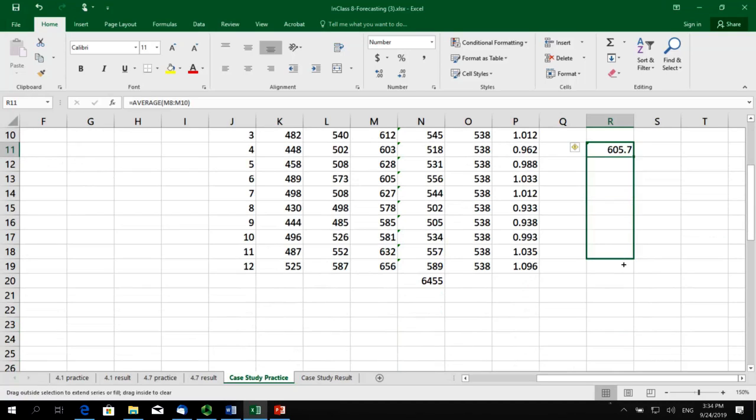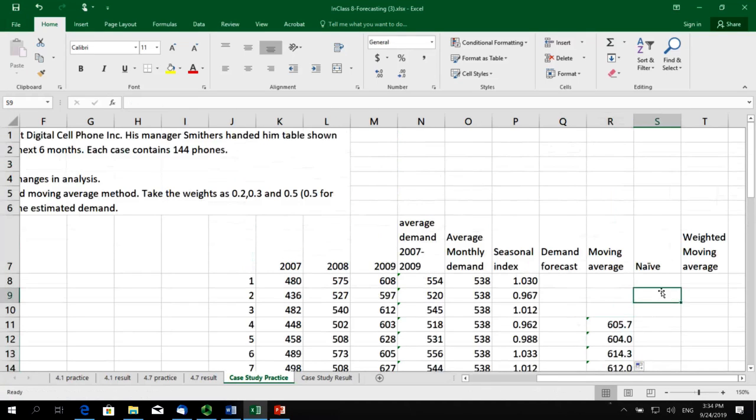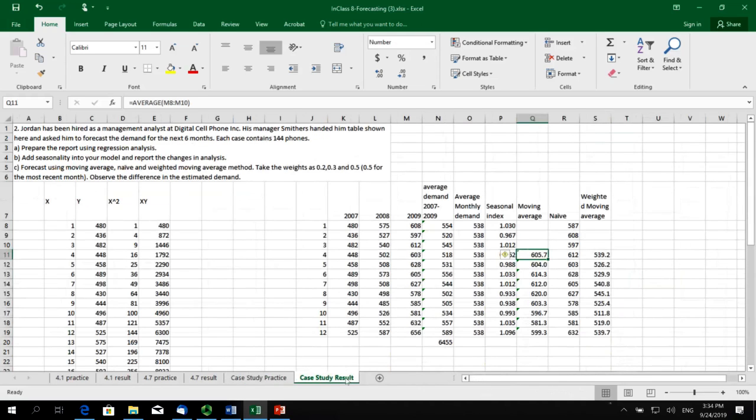Then we can find out the following month. For the naive model, basically we didn't really have a practice in the in-class work, because the naive model is the simplest model.